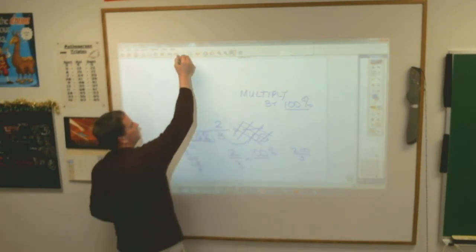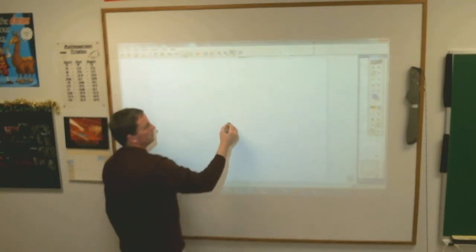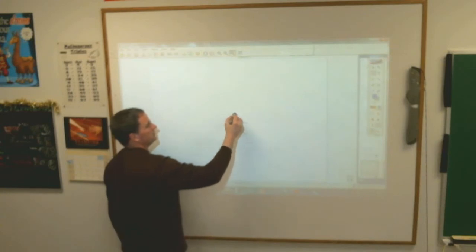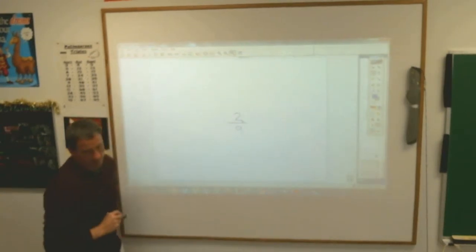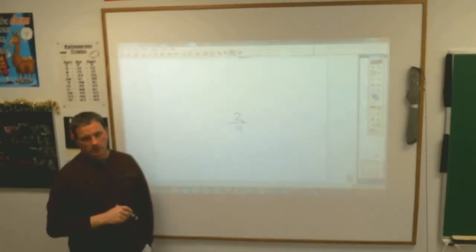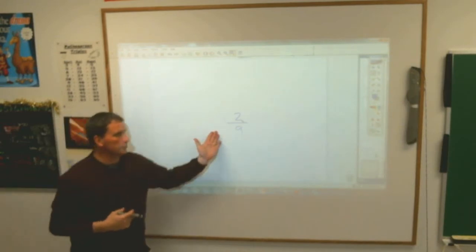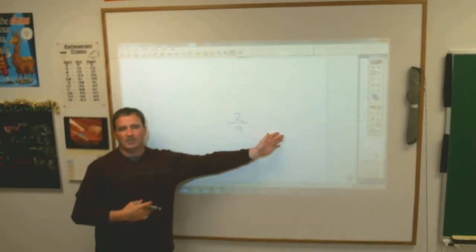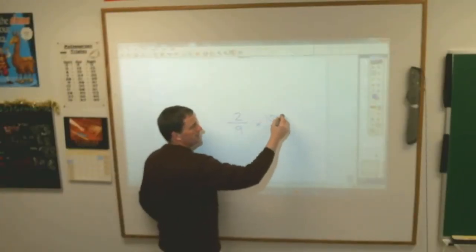Another example of that would be, let's say you go in the gym and you shoot 9, but you only make 2 of them. Okay? 9 doesn't go into 100 evenly, so you're going to have to do it the way we just did, which means you need to multiply by 100%.